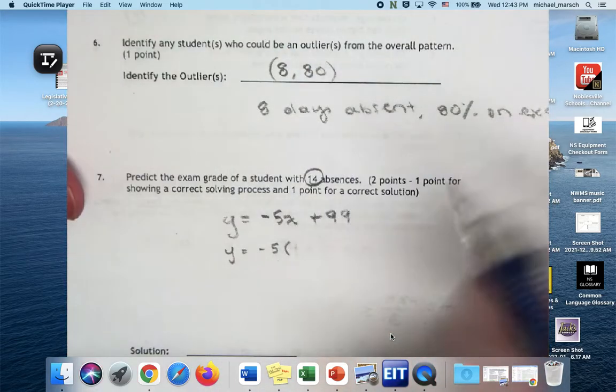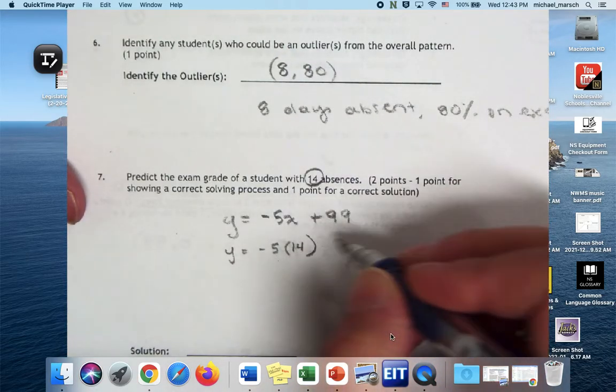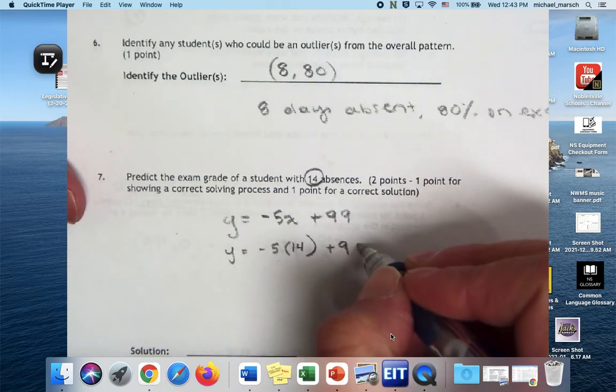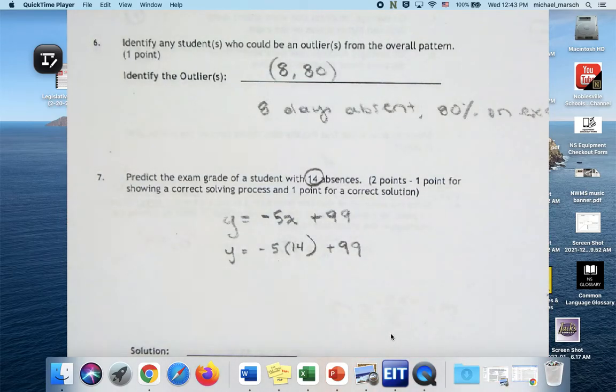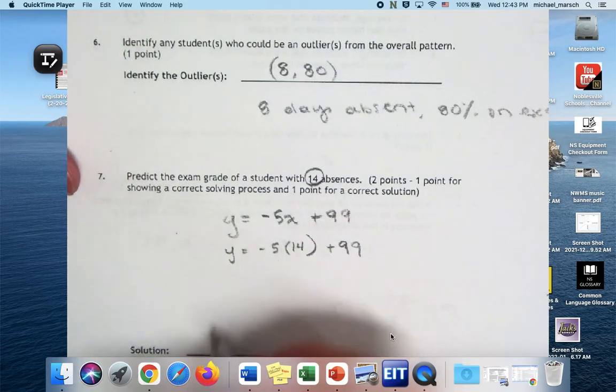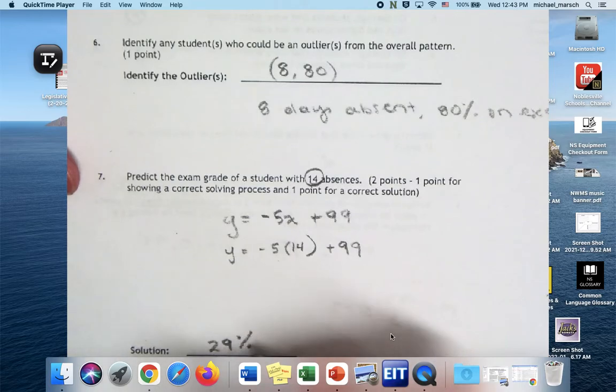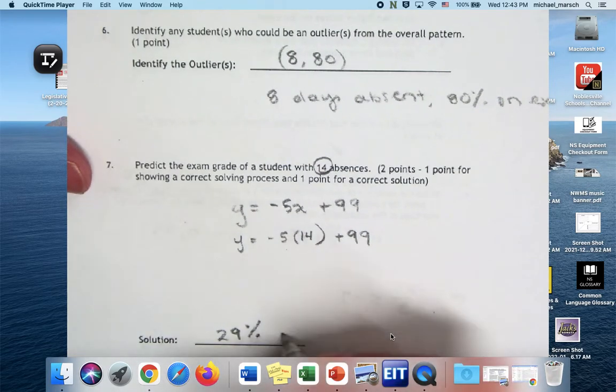Exactly. Because absences is part of my x-axis. And then I'm going to use my calculator here. And this student would get a 29%. That's what it's predicted. 29% on exam.